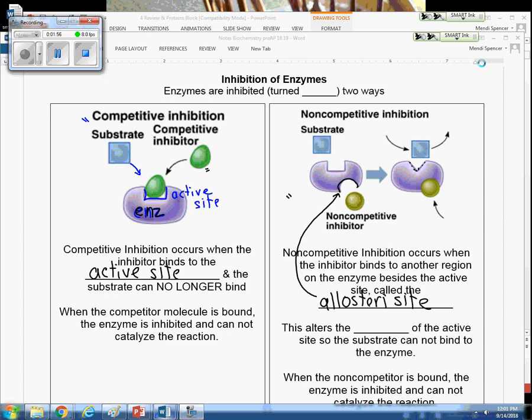It changes its shape, and the substrate can no longer bind. So we've stopped the reaction using a non-competitive inhibitor. If you think about it, this molecule is not competing for the same spot. It's not going for the active site, but it can bind to a different site, altering the shape of the active site and inhibiting the reaction.